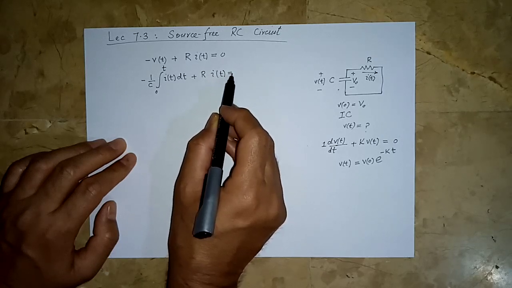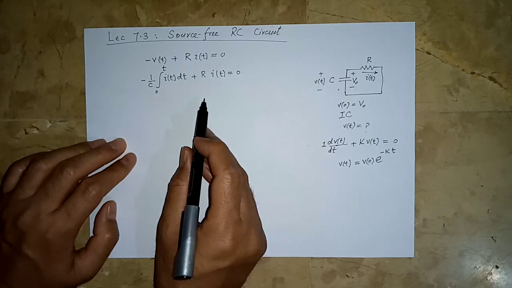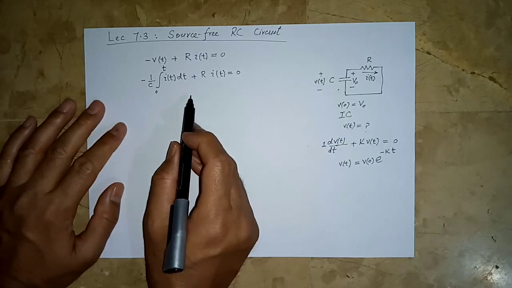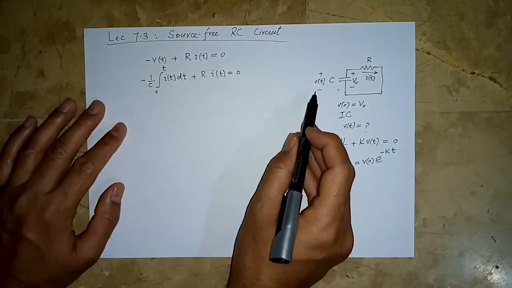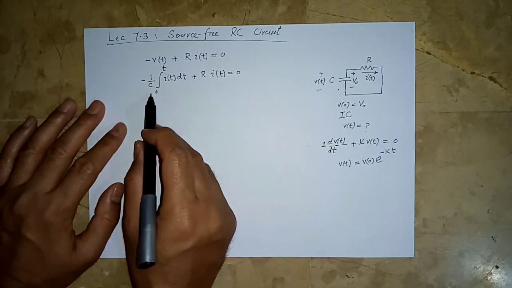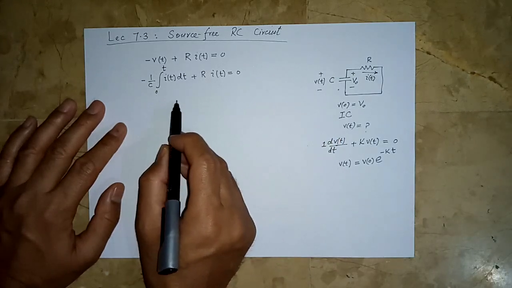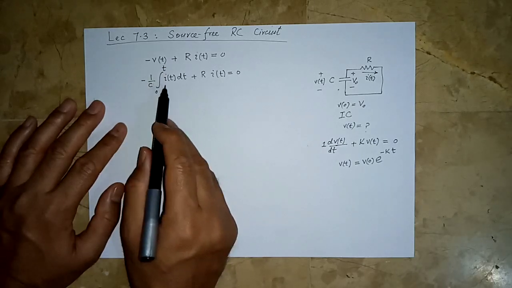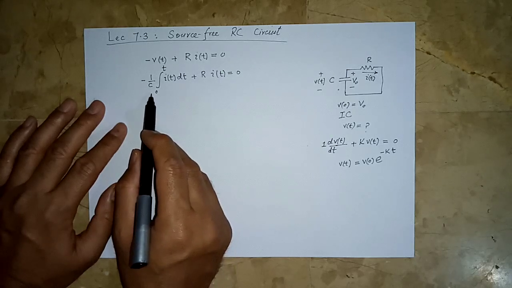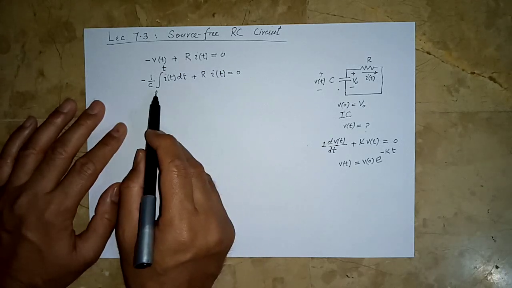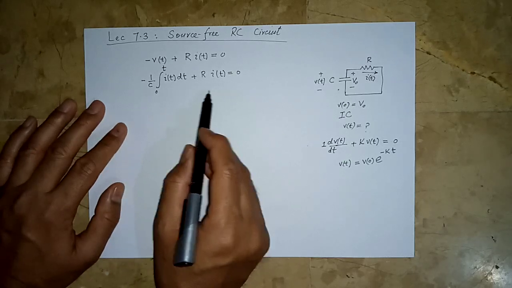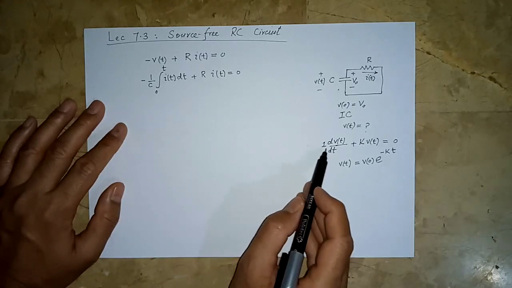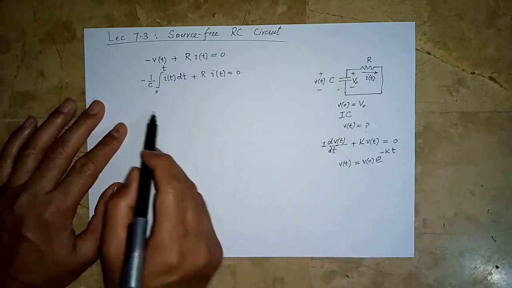Now we have an expression in I, but we were looking for an expression for V. One way is we solve this thing, find the expression for I, and then using this Vt is equal to this thing to find the expression for Vt. But look at this thing. This is not a differential equation. It is an integral equation. We have an integral here. So this is not what we are looking for.